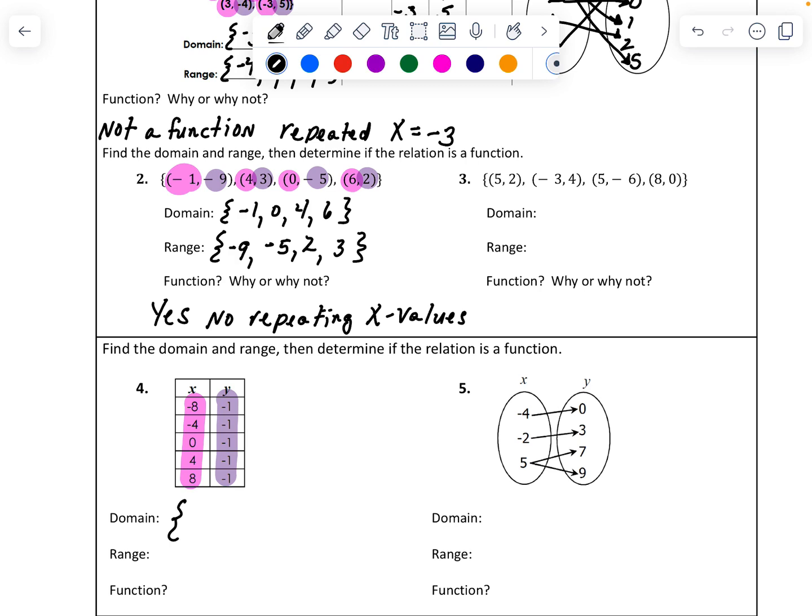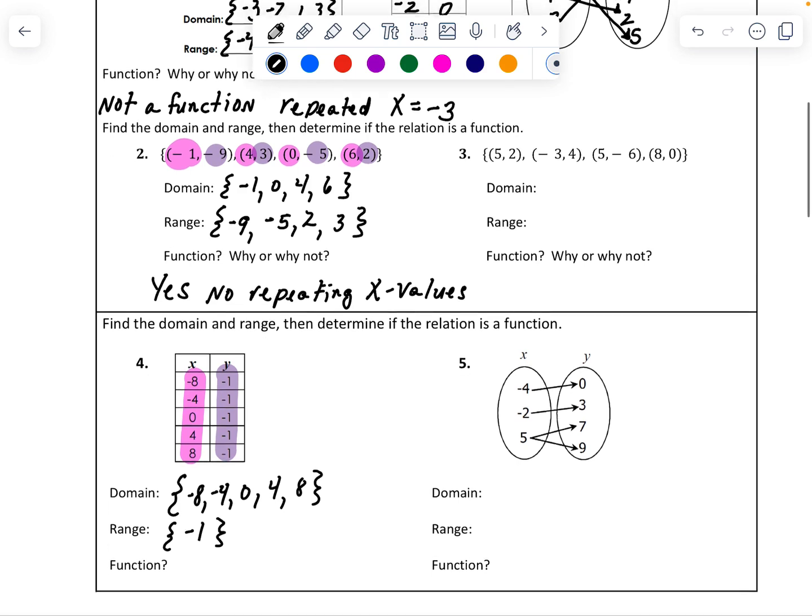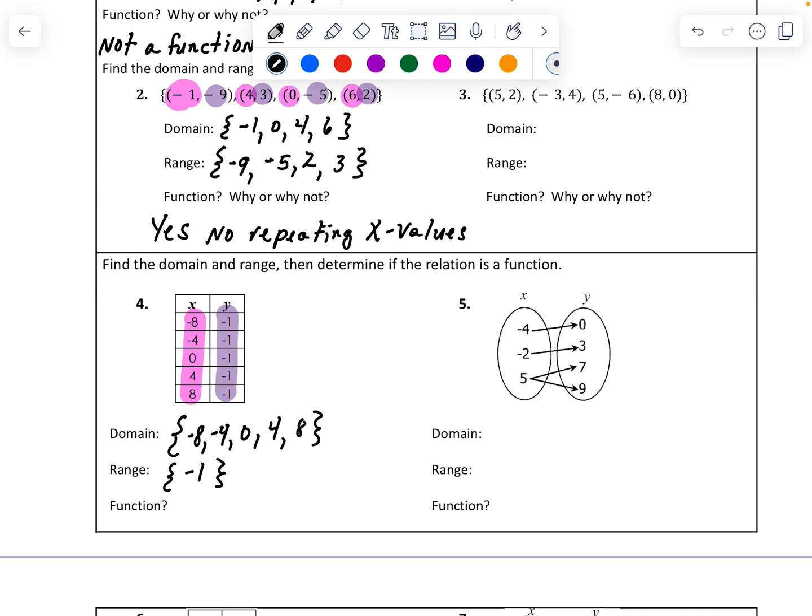All right, so start with negative 8, negative 4, 0, 4, and 8. Just like that. All right, and then the range would be negative 1. Function or not a function? It is a function. No repeating x values.